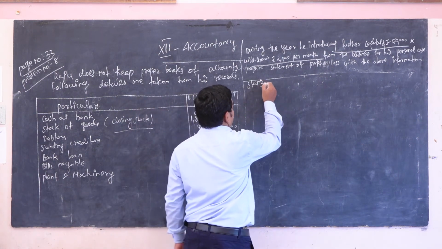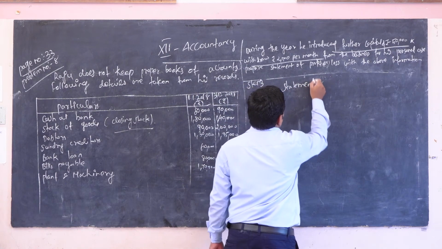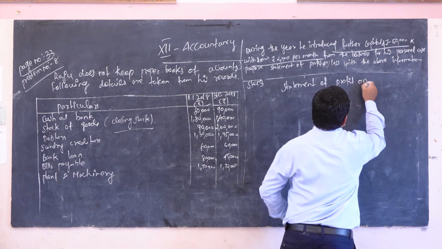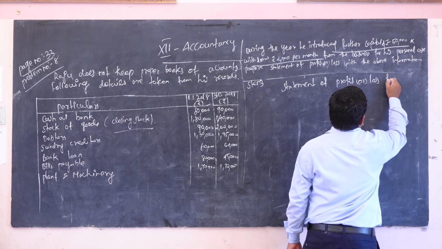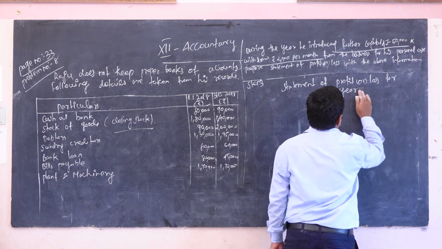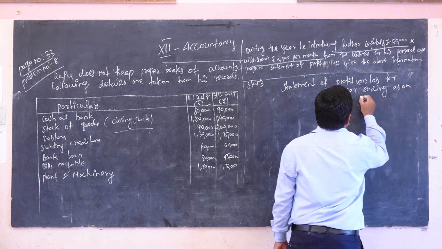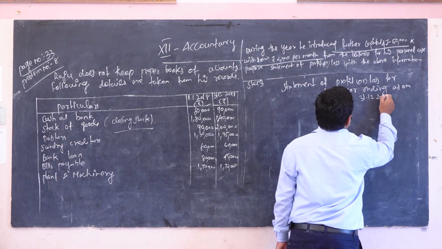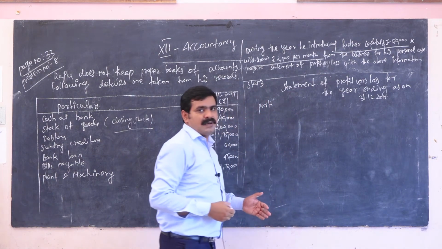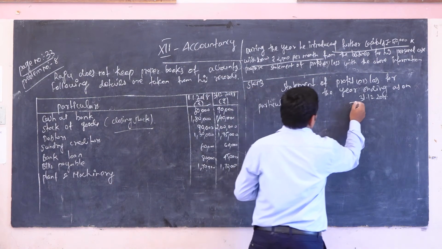Start step 3, that is called statement of profit or loss for the year ending as on 31/12/2018. Okay, particulars, rupees. We already gave the format in the first video.